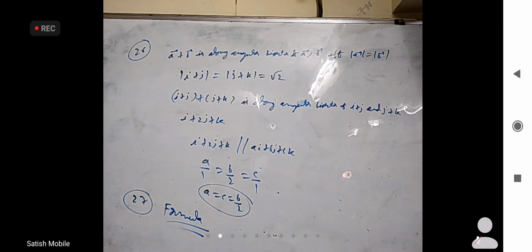Otherwise, 28 to 33, except maybe 33 is a little complicated, we'll discuss it, but otherwise most of them are simple, direct parallelogram law and triangle law and a little bit of section formula.